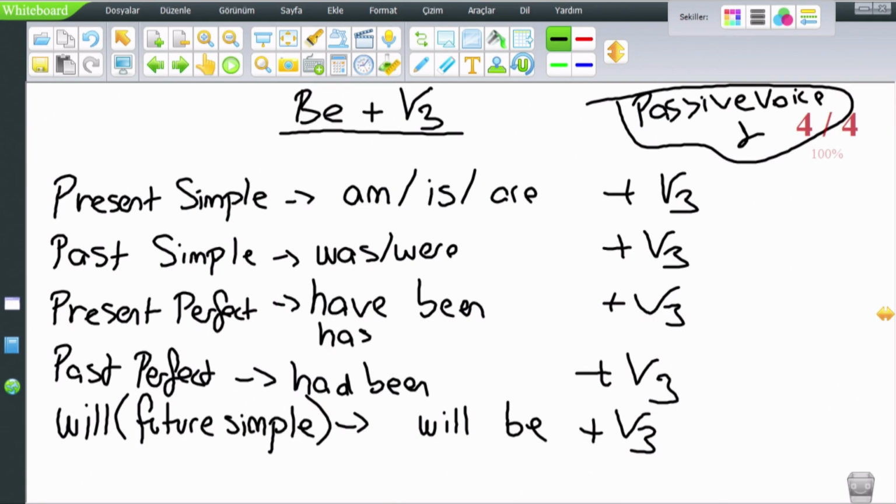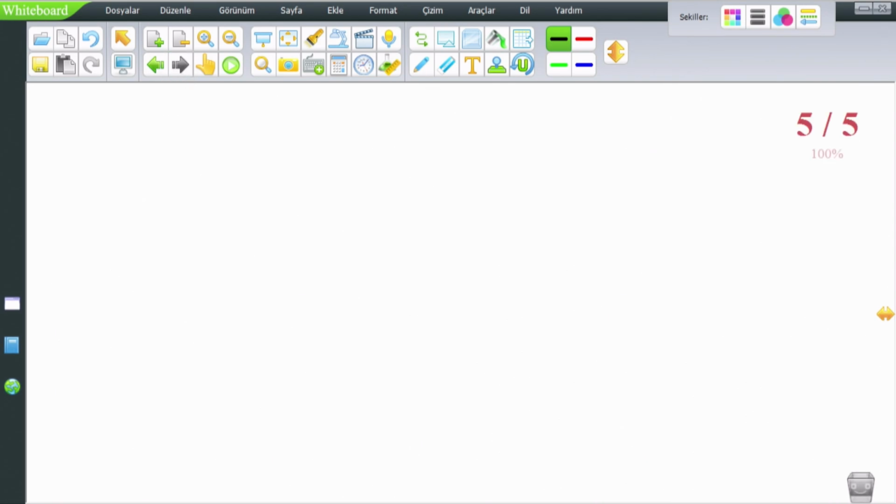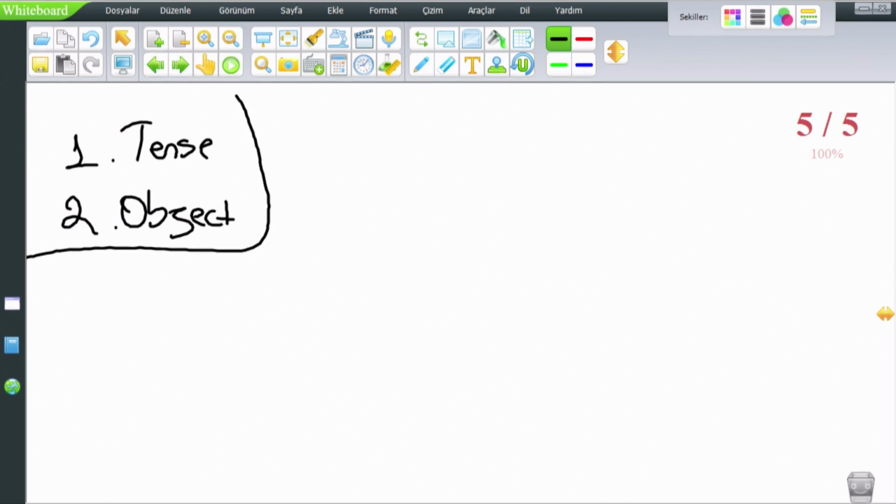So, as we have talked, there are two things that are the most important and the first things that we should look at when we are transforming an active voice sentence to a passive voice one. The first thing is to find the tense of the sentence. Second one is to find the object of the sentence.